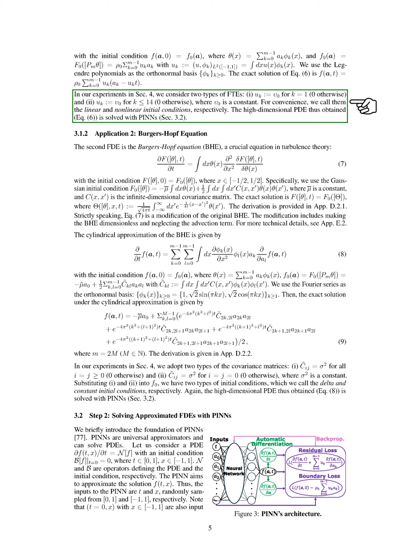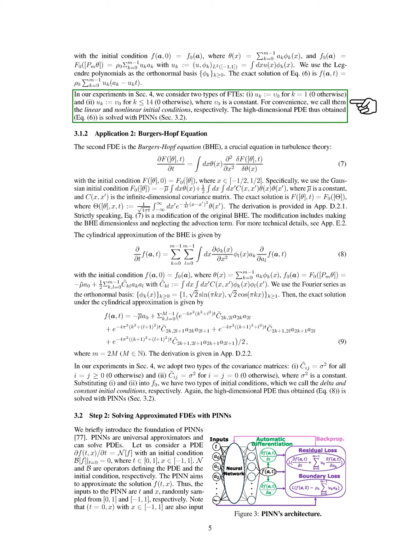The cylindrical approximation of the BHE also has an initial condition f of a at time 0 equal to f_0 of a, with theta expressed as a sum similar to the FTE case. The initial function f_0 of a incorporates the covariance matrix, which we compute using integrals involving the basis functions.